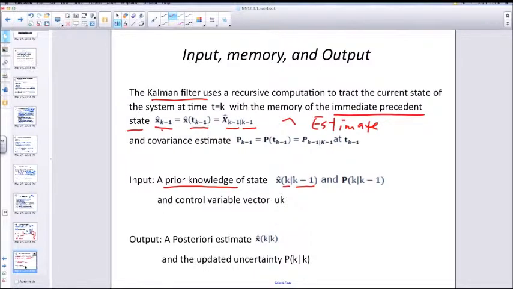And then this is the covariance in the prediction phase. That's the a priori knowledge of the state. The whole computation of the Kalman filter will output a posteriori estimate. The posteriori estimate is this. And the k minus 1 now becomes k given k.